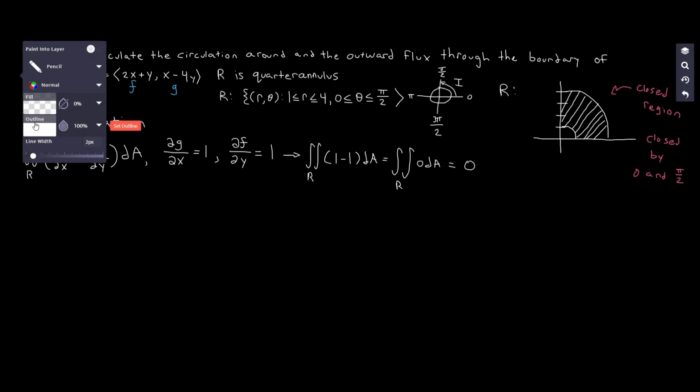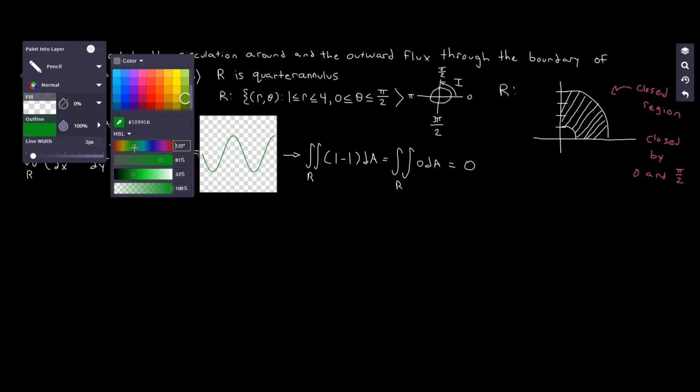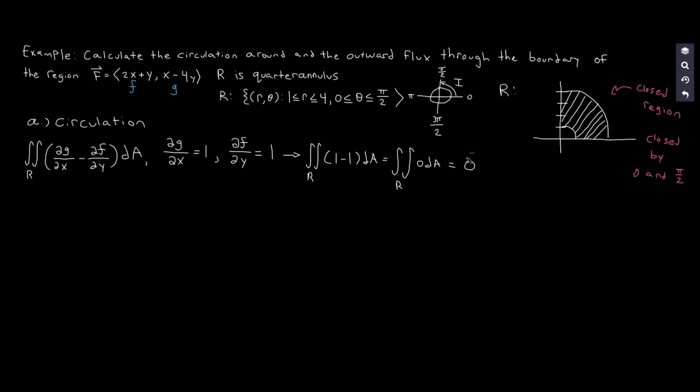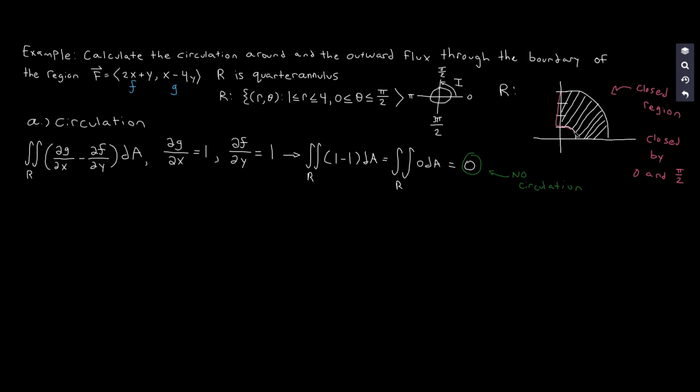What does that mean? That means there's no circulation. All right, but what about flux? Because we're asked to calculate the outward flux through the boundary of that region. We need to find the outward flux of this region here.